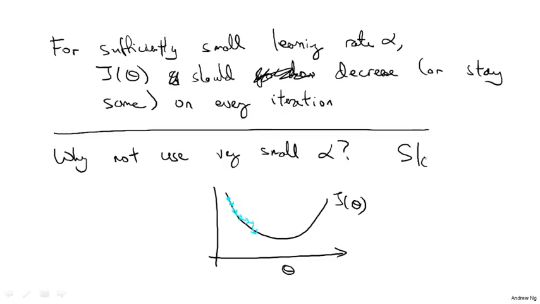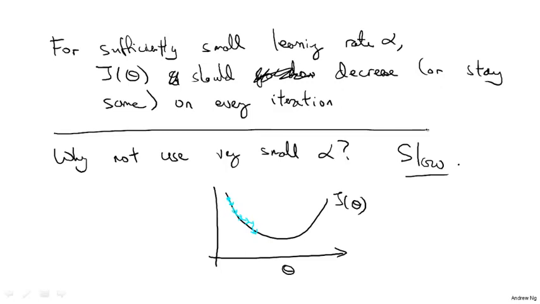So if the learning rate is too small, gradient descent will be slow, whereas if the learning rate is too large, you end up with divergence or gradient descent failing to converge. Hopefully that makes sense, why we don't want the learning rate to be too small or too large.